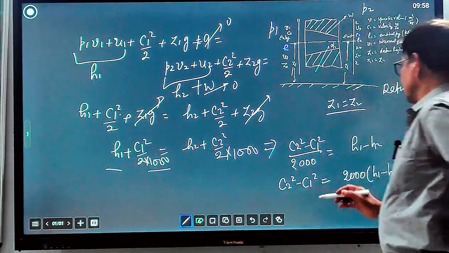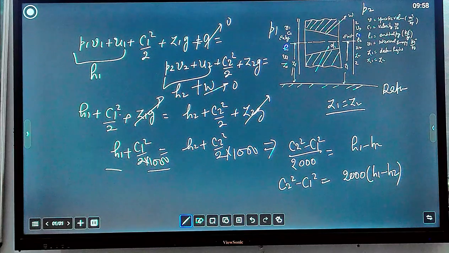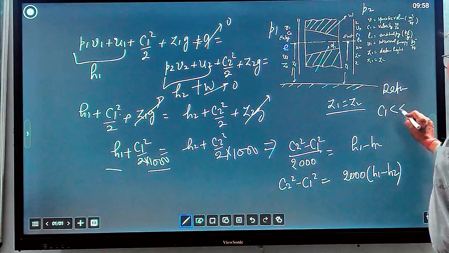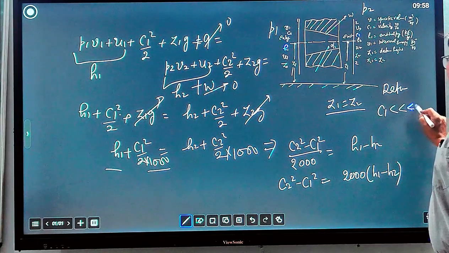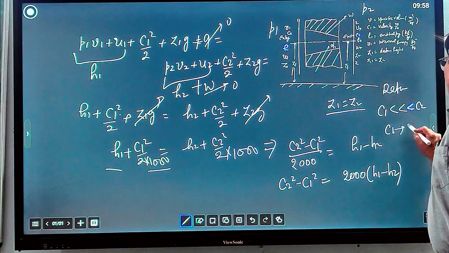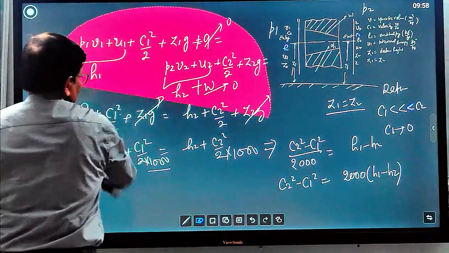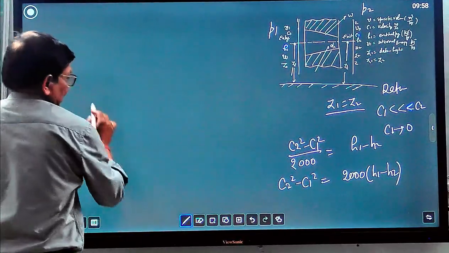This is the equation for finding C2, but in case the inlet velocity in the nozzle is almost negligible, in most cases you will find inlet velocity C1 is very small compared to C2, so C1 can be equated to 0. Now this equation will be further simplified.